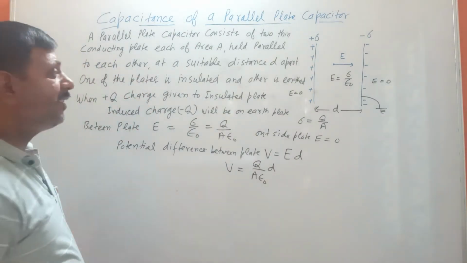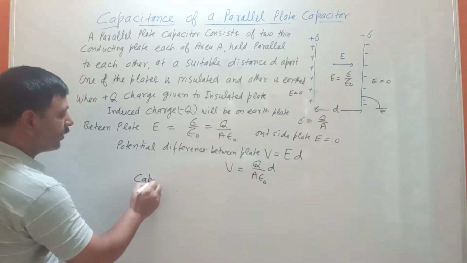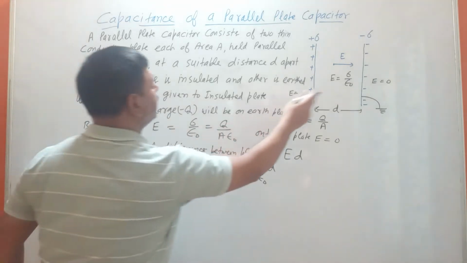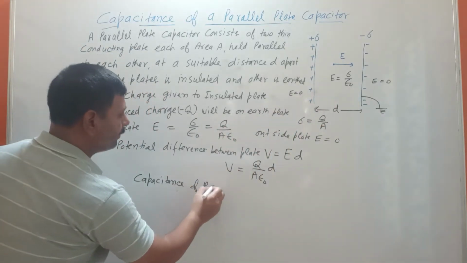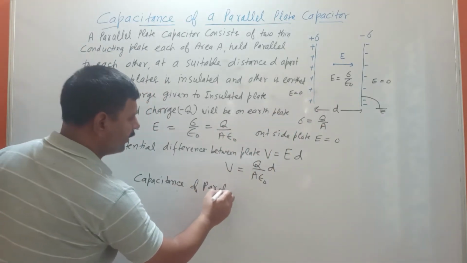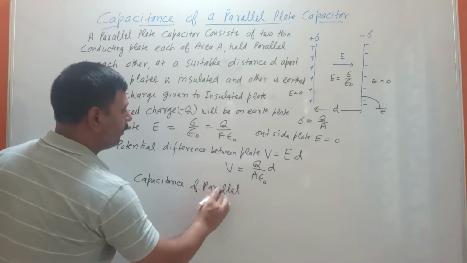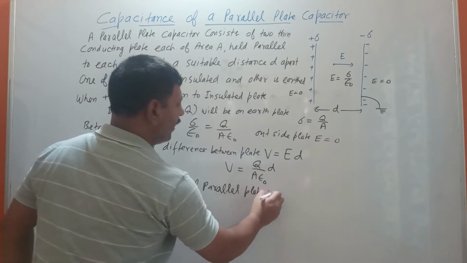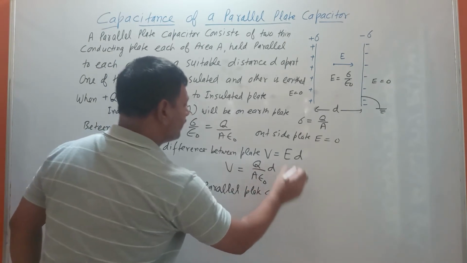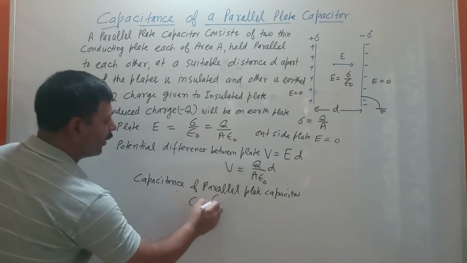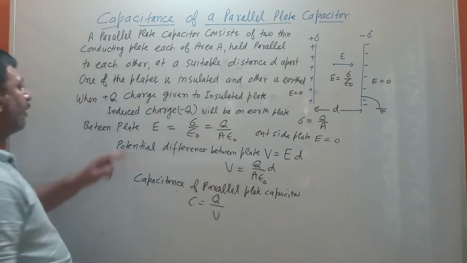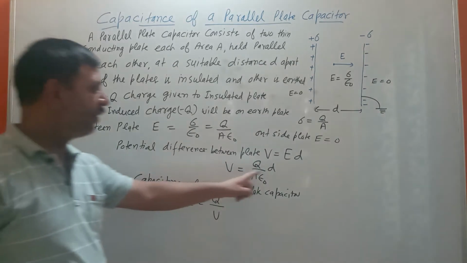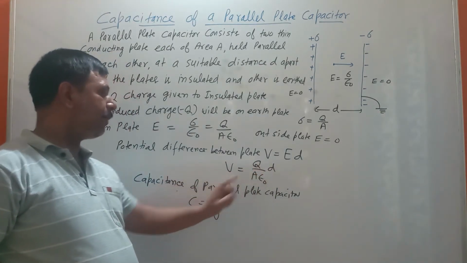So what will be the capacitance of a parallel plate capacitor? C is equal to Q upon V. The charge we have given is Q, and the potential difference is QD upon A epsilon naught.